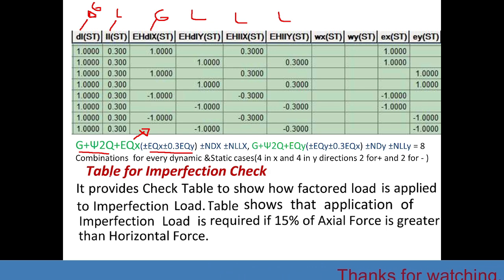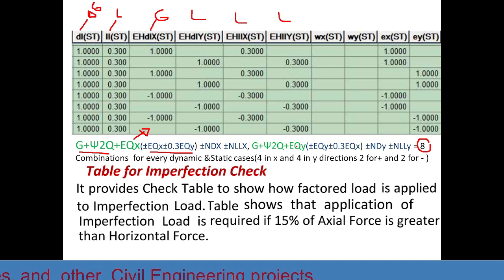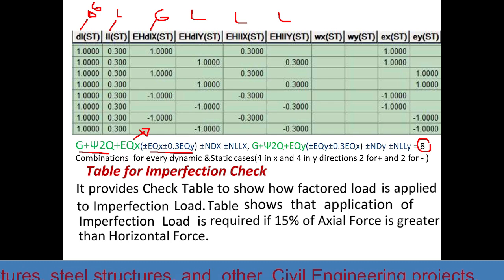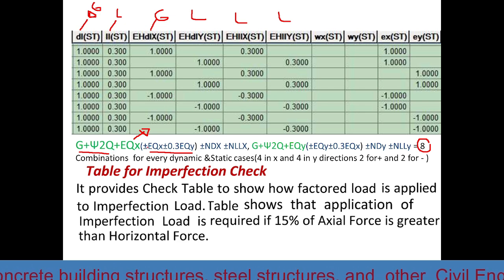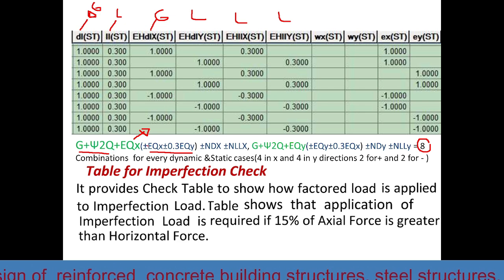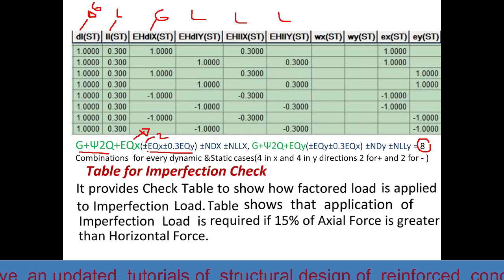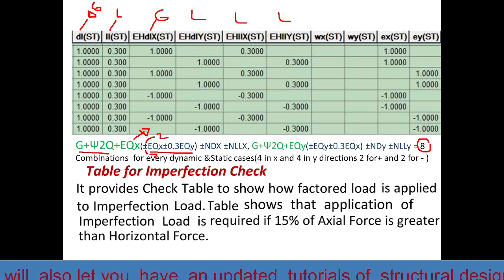So here we have how many combinations? That is 8 combinations can be generated. How does it come? Simply, the plus sign will have 2 combinations, in minus sign we'll have 2 combinations.